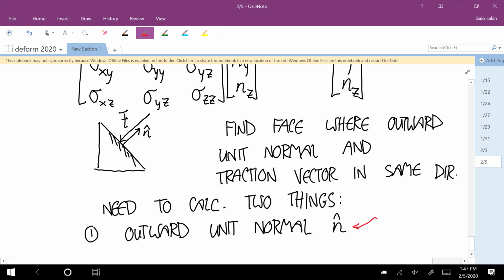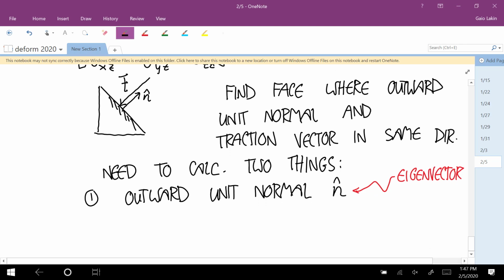And that's what's going to be called the eigenvector. And we need to calculate the lambda, that constant of proportionality, and that's called the eigenvalue. And that's the principal stress value.